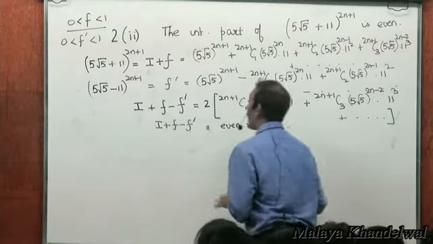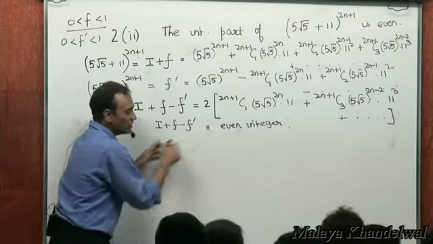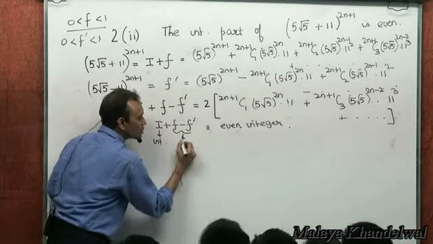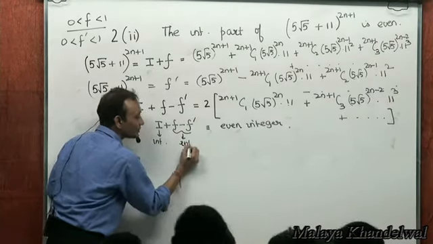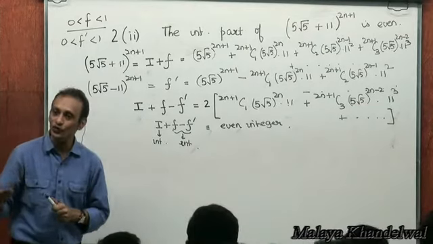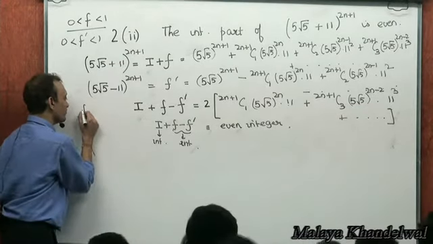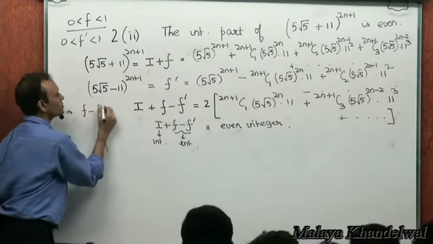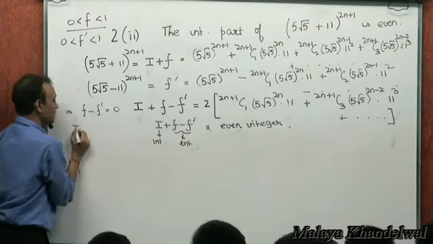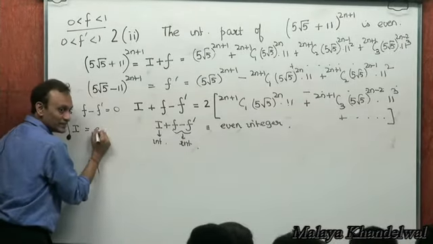Now I is an integer, therefore f minus f prime must also be an integer, right? Now what's the only integer which is the difference of two fractions? 0. So very good. F minus f prime therefore must be 0. And if f minus f prime is 0, then I must be an even integer.